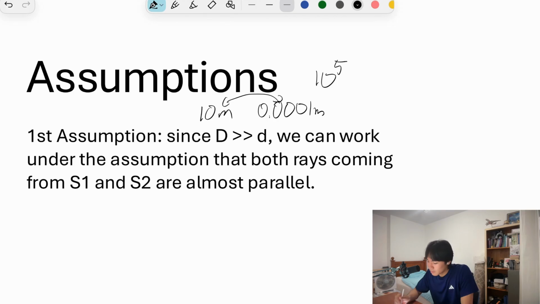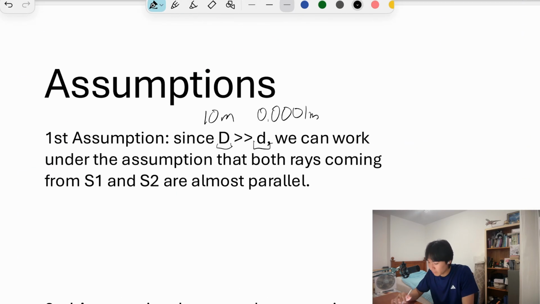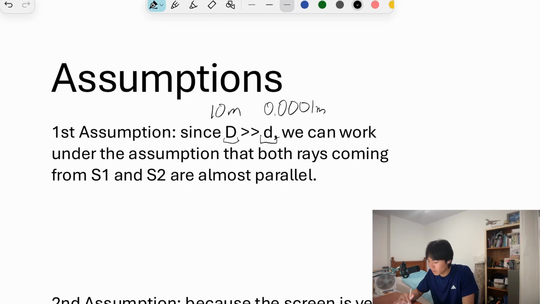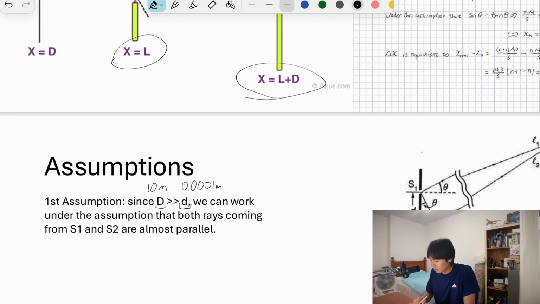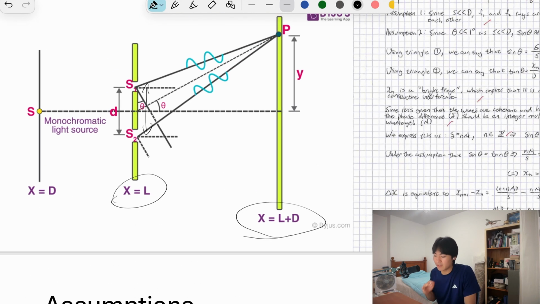So what I'm saying is that by assuming that the distance between the slit and the screen and the distance between the two slits are very large, we can assume that the two rays coming from the slits can be considered parallel. This is what I explained.